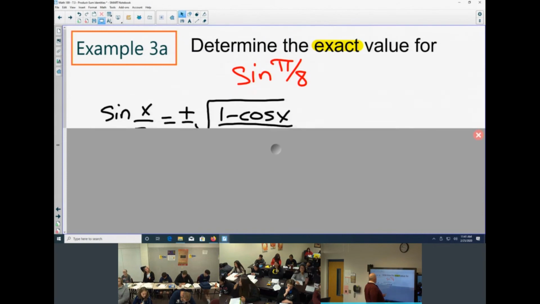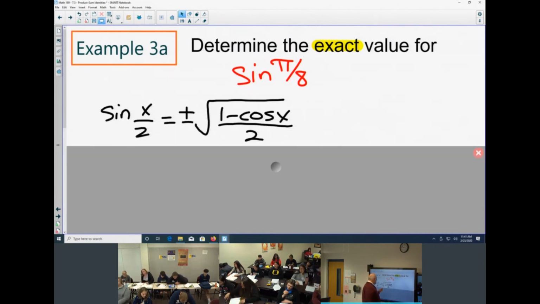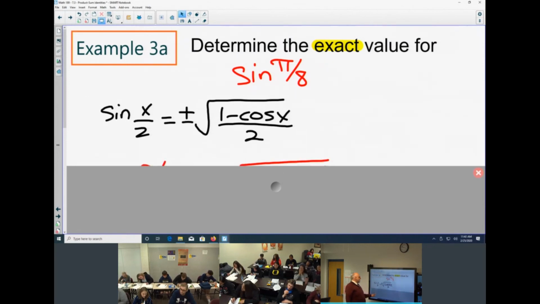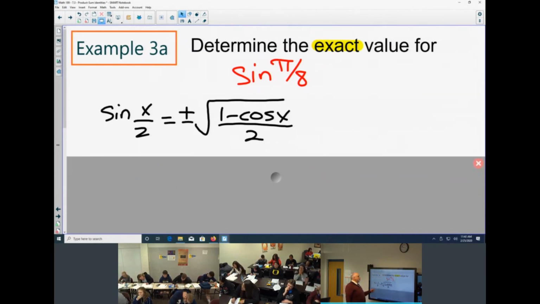Now, this is the formula I'm going to use, the sine of x over 2. If you want, you can convert this to degrees. But I'm going to just do it in terms of radians, and then you tell me if it would be easier for you in degrees.